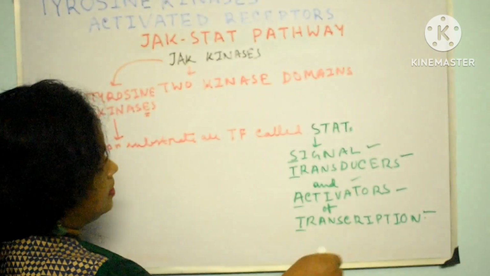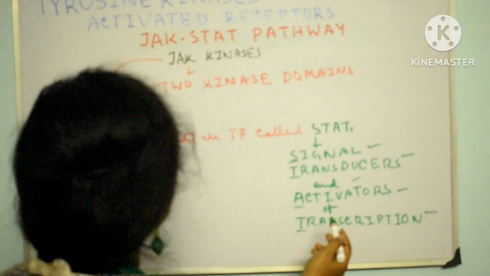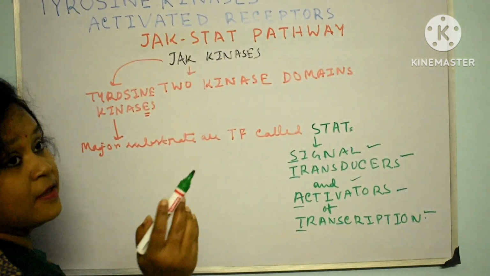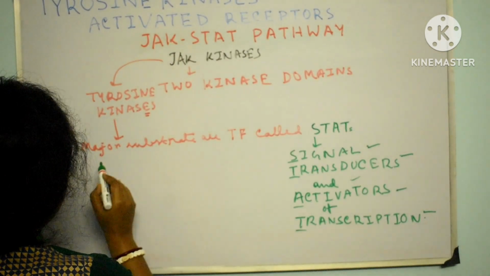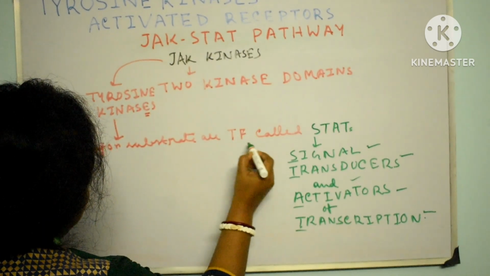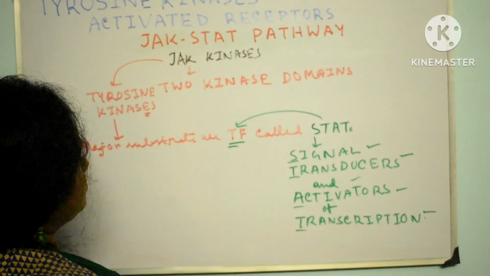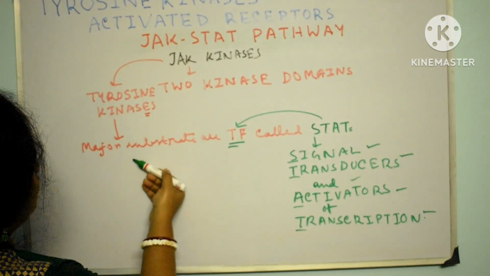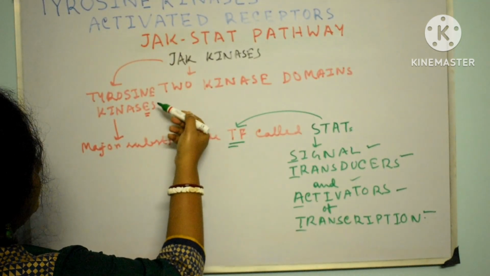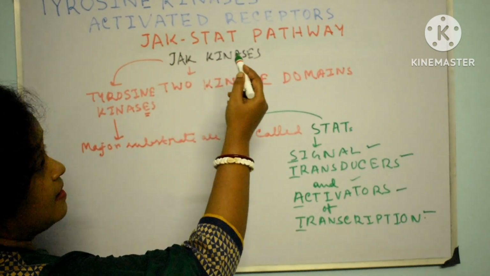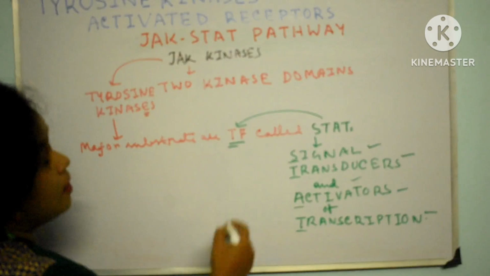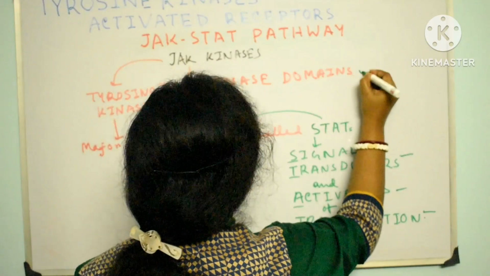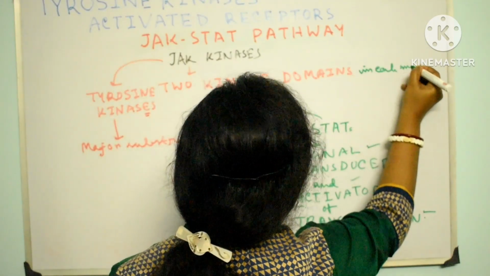So what are the STATs basically? STATs are major substrates of tyrosine kinases and are transcription factors. STAT is nothing but a transcription factor and substrate of tyrosine kinase, and the Jak kinases are tyrosine kinases which have two kinase domains in each molecule.